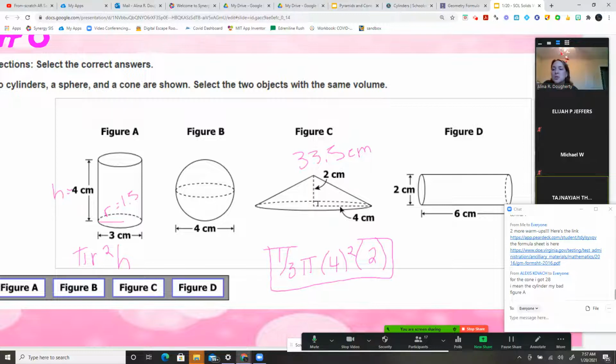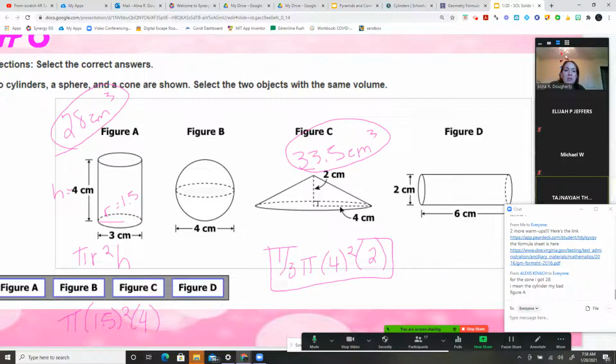So if I substitute there, we get pi and then 1.5 squared and 4. So 3.14 times 1.5 squared times 4. 28, absolutely. 28 centimeters, and this is volume, so it's going to be centimeters cubed. I should have put that for figure C.